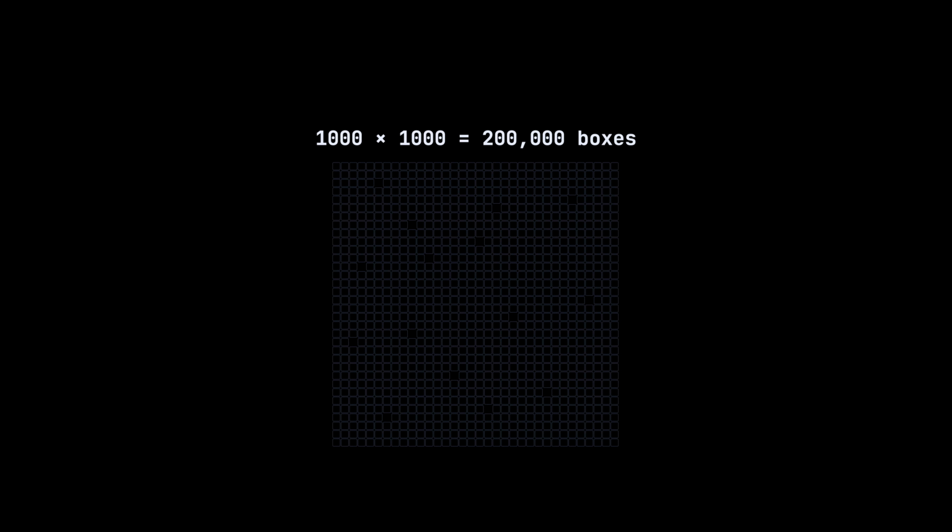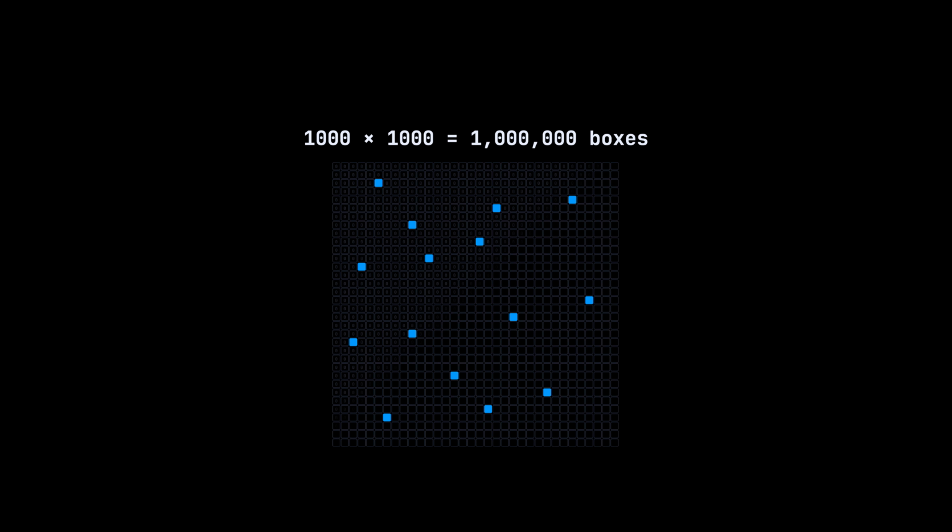But, and there is always a but in DSA, this convenience is not free. Think about it. If we have 1000 nodes, we need a grid of 1000 by 1000. That is 1 million boxes. Even if barely anyone is connected, we are still reserving space for every single possible connection. Most of those boxes will just sit there, holding zeros, doing nothing, eating up memory.